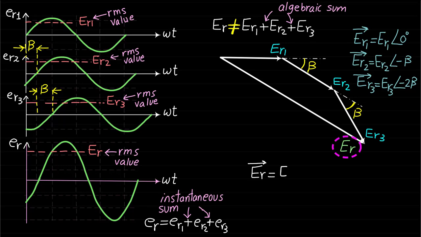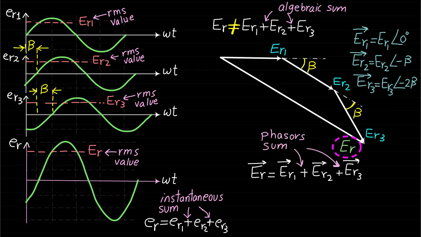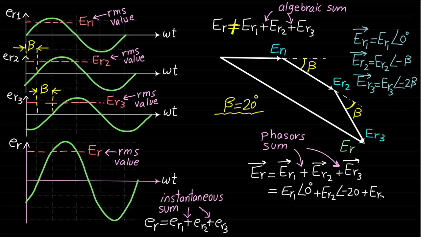Basically, the phasor ER represents the phasor sum of the three phasors ER1, ER2, and ER3. Now, if we assume that the slot angle is equal to 20 degrees electrical, the RMS value ER of the induced voltage of the distributed coils in our example can be calculated as shown.